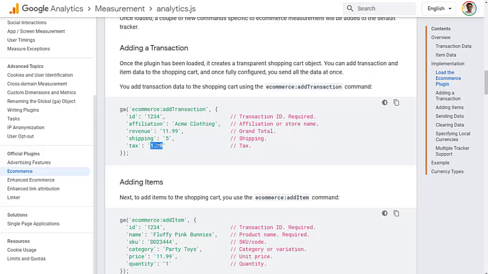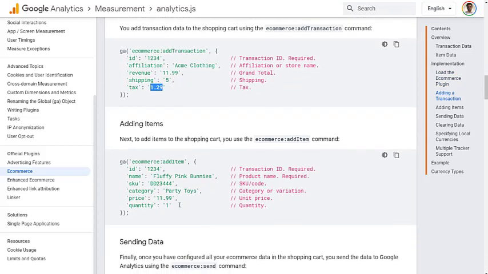Now this is exactly how Google Analytics will come to know what the order was about. It now knows the order ID and the revenue. Now let's see how I can give information about the name of the product. This is the name of the product.